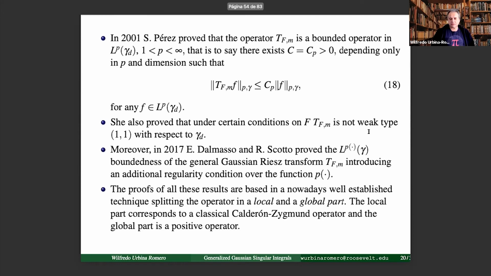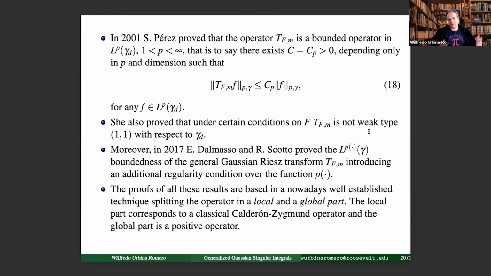Of course, the proofs of all these results, the kernel proofs, are based on what is nowadays called the local part and the global part. The local part is near 0, and there you can control the Gaussian measure.